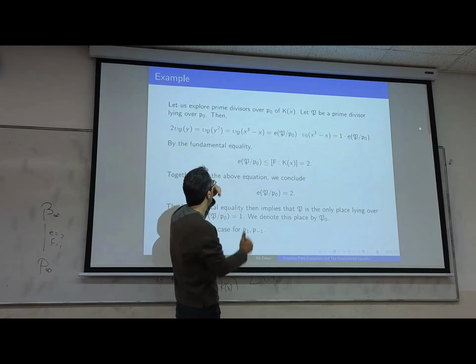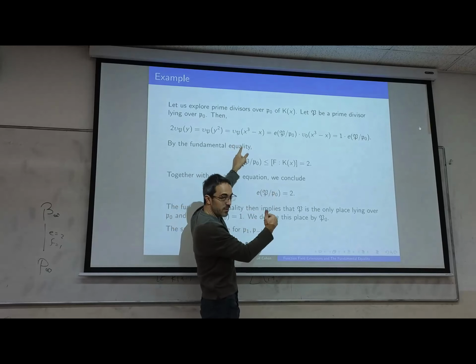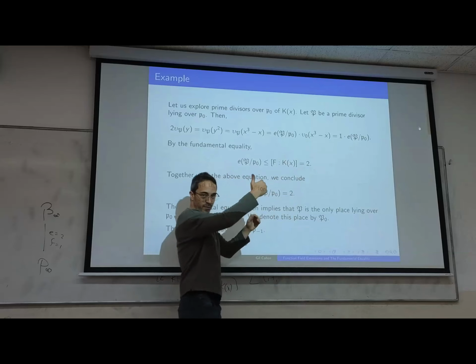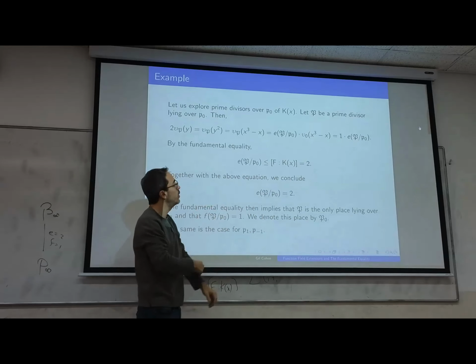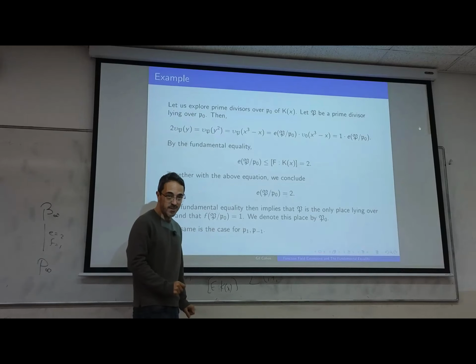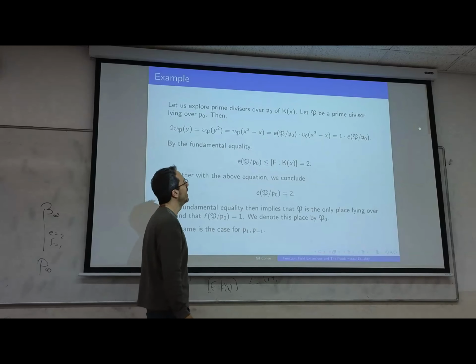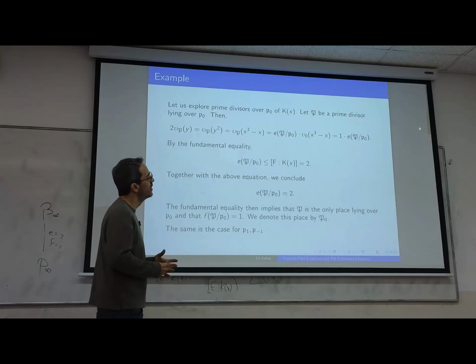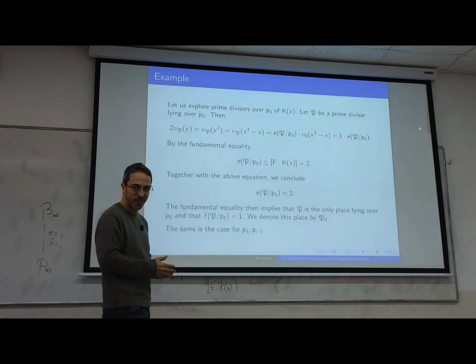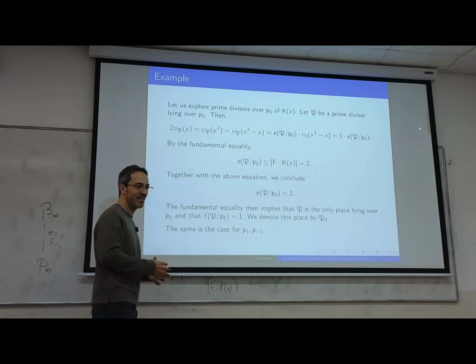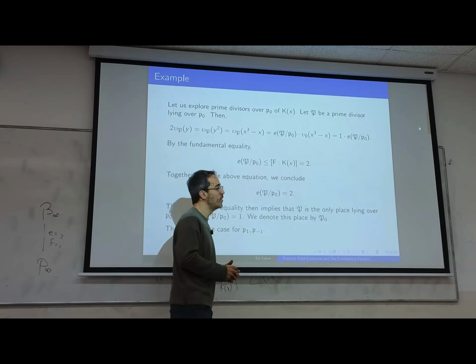But now capital P is over P0. So that thing is the ramification index of this P that we're trying to understand over P0, times the evaluation at 0 of x cubed minus x. And what's the evaluation of x cubed minus x at 0? Like, how many zeros does this polynomial have at 0? 1, right?